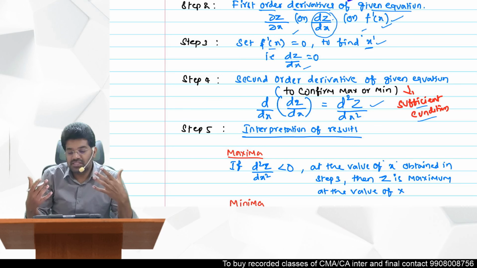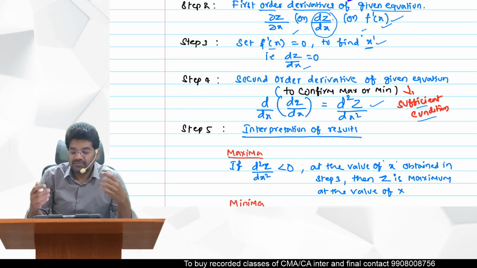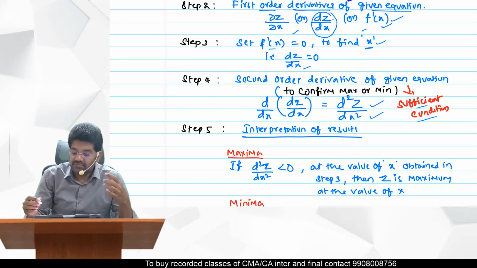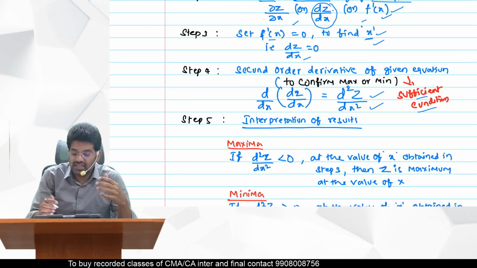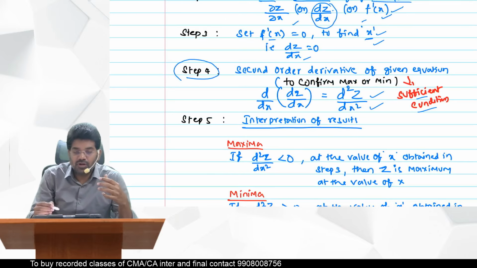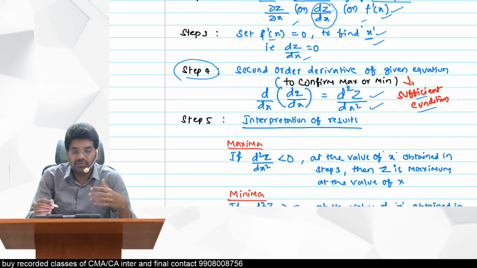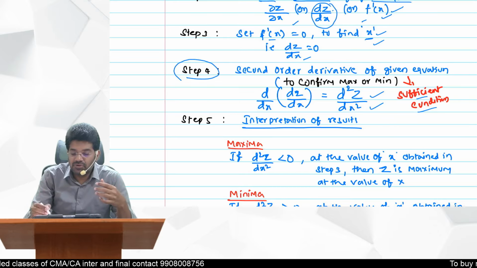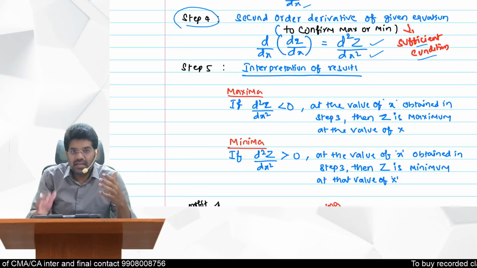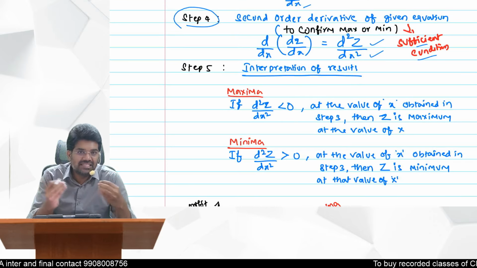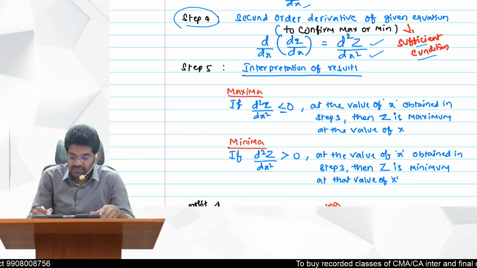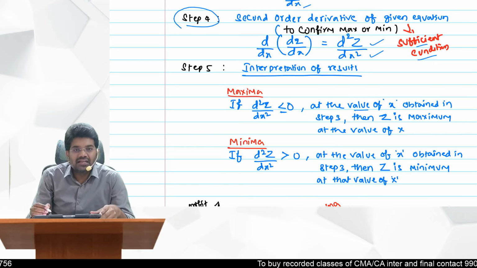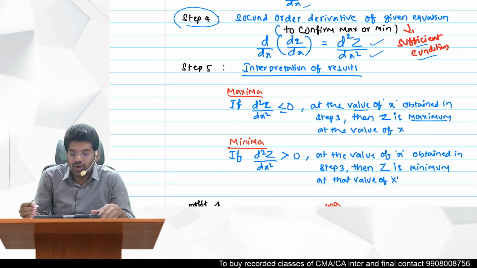Once we do this, then substitute the value of x, whatever you got in step number 3, in the result of step number 4. Whatever you get after applying the second order derivative, in that equation substitute the x value. And if the value is less than 0, then we can say that we have achieved a maximum point.